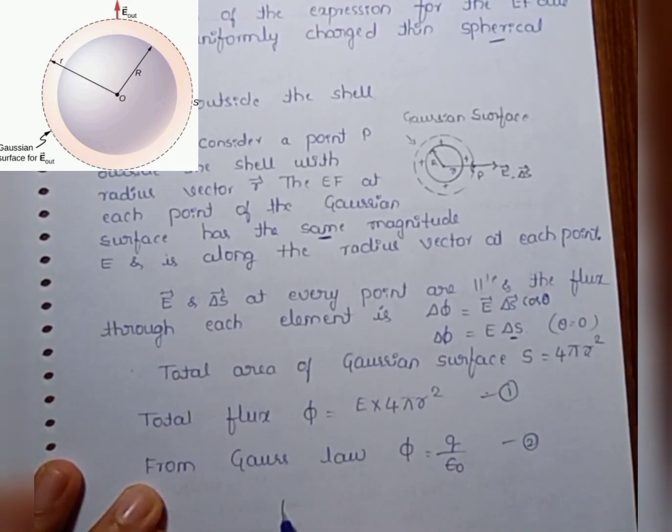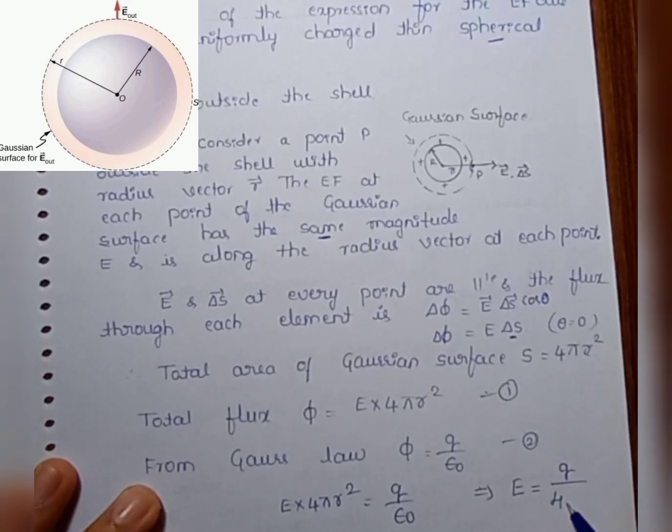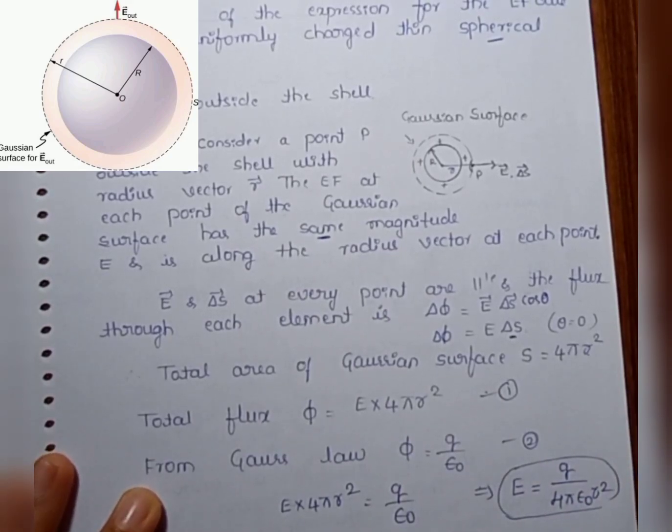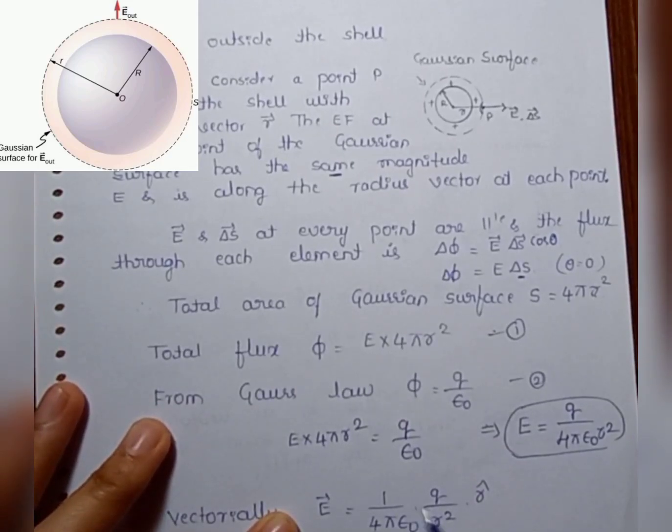Then what we will get, E into 4 pi r square is equal to Q divided by epsilon naught. That is, electric field E can be written as Q divided by 4 pi epsilon naught into r square. Vectorially, the electric field can be written as 1 by 4 pi epsilon naught into Q divided by r square into r cap.